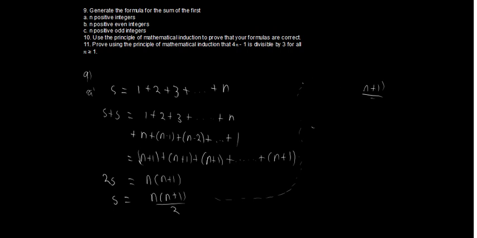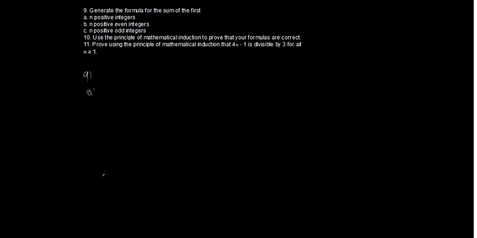And for the remaining two, I'll leave that as an exercise for you to handle. Just to give you a heads up, the formulas will go as follows. So this is for A. For B, the answer you should end up with should be something like the summation of i equals 1 to n of 2i is equal to n times n plus 1.